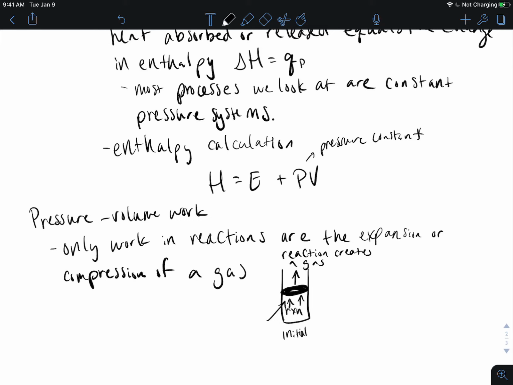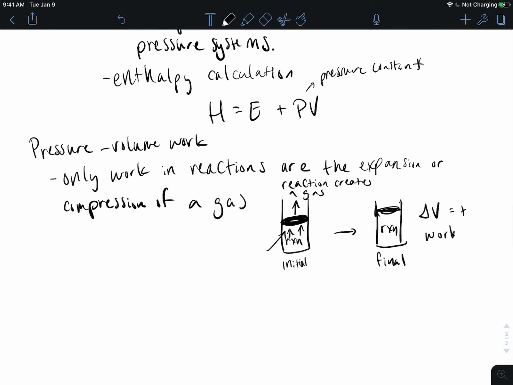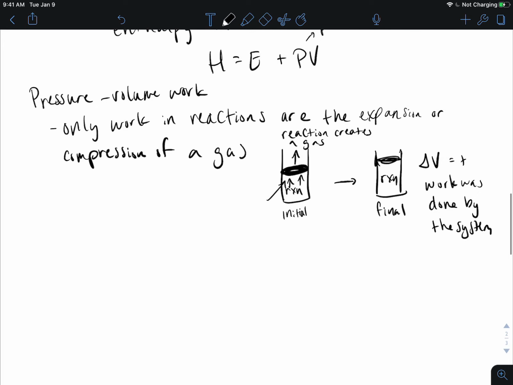So a reaction will push up on this disk and it will expand, like so. In this case, work was done by the system, and our change in volume is positive.